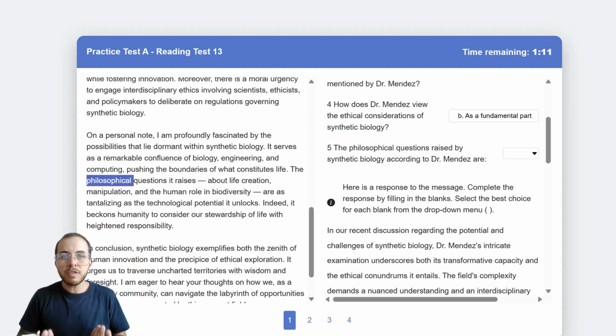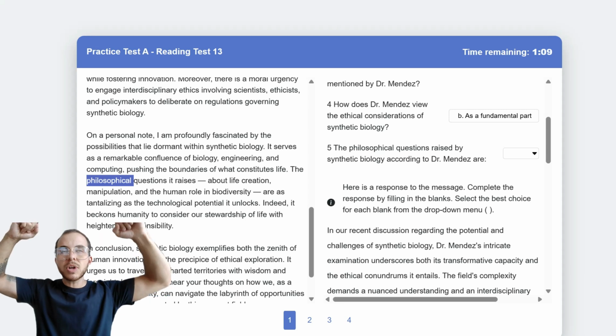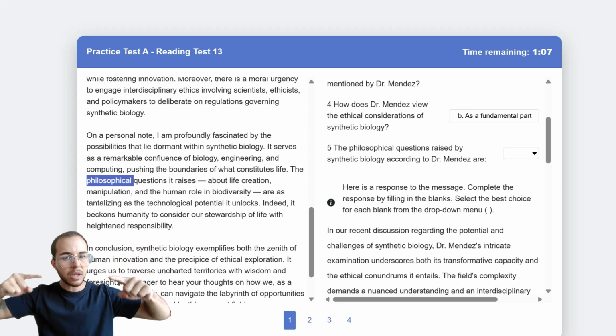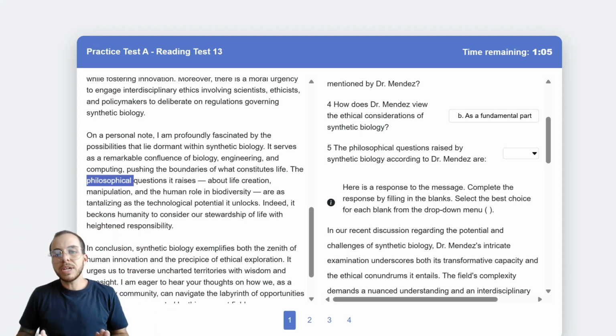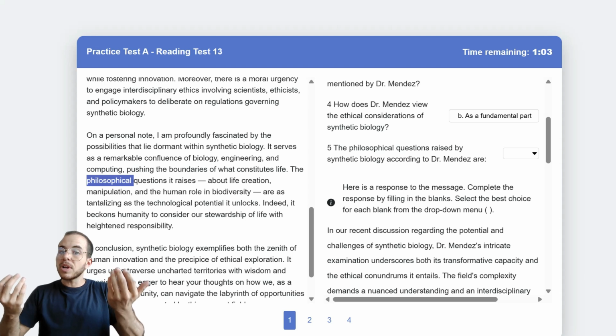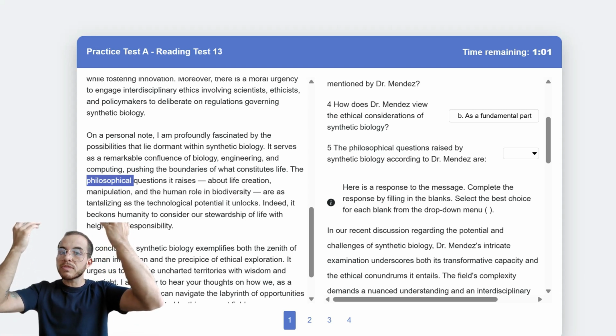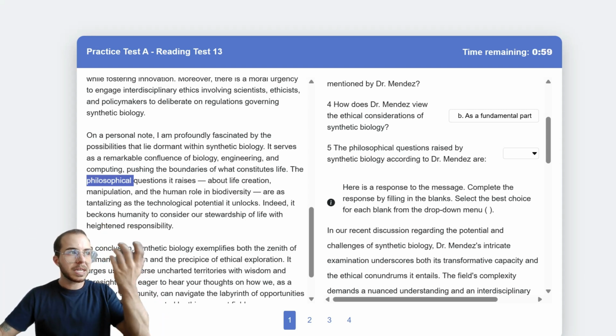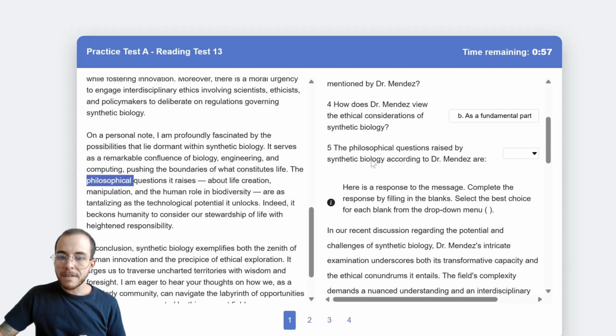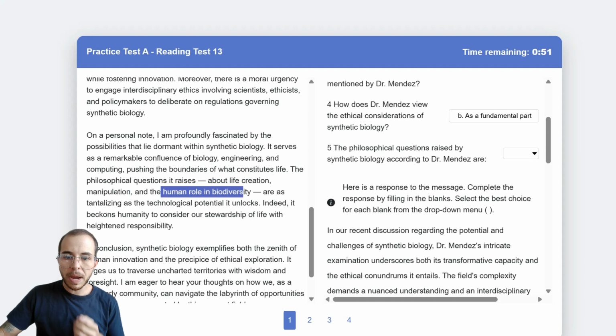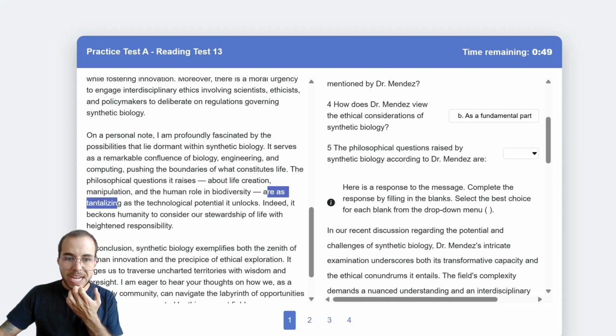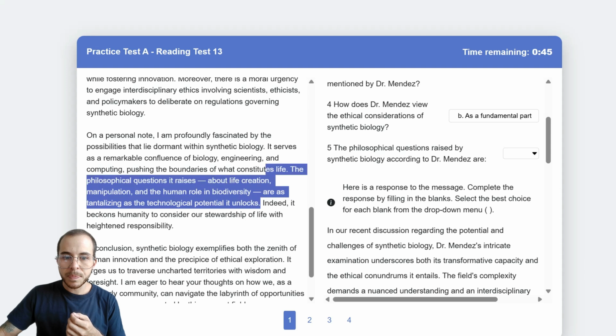The reason we go from the bottom up is because if you start at the top, you start reading slowly. If you skim read, go from the bottom, so you're not reading, you're only looking for words. You're skimming and scanning. All right, philosophical question is, afterlife creation, manipulation, and the human role in biodiversity are tantalizing as the technical potentials it unlocks.